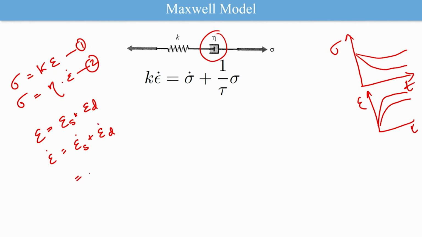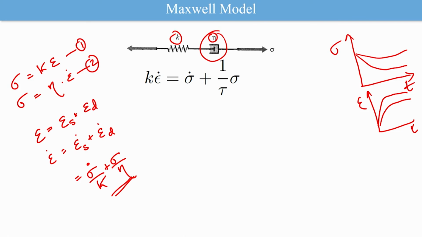This can also be written as sigma dot by k plus sigma by eta. Now, the first term is the stress rate in case of the spring.